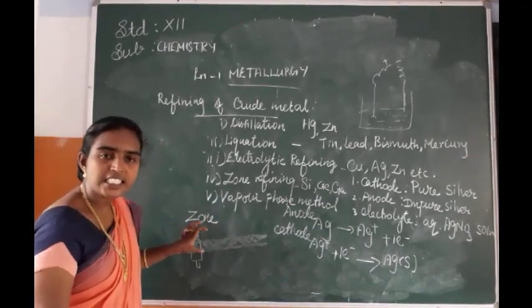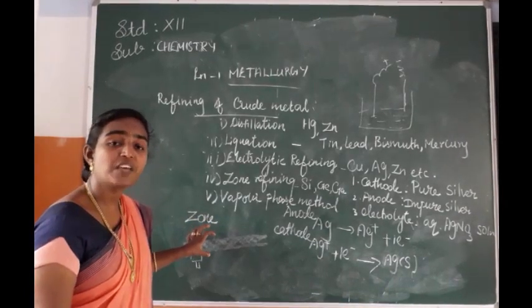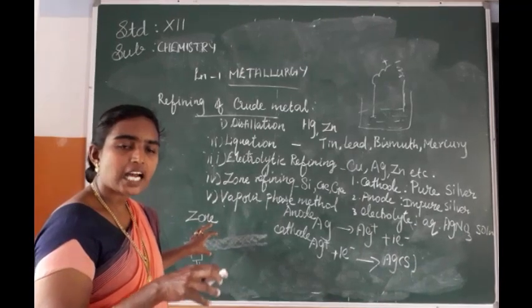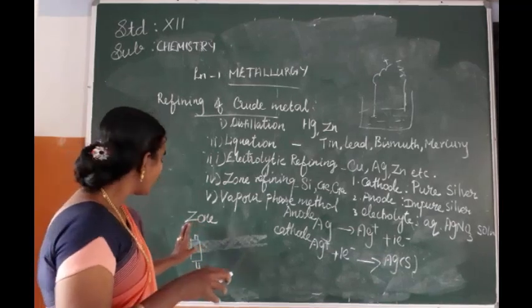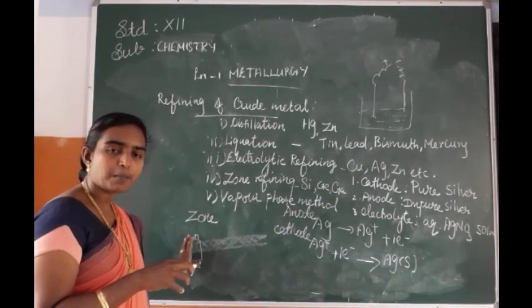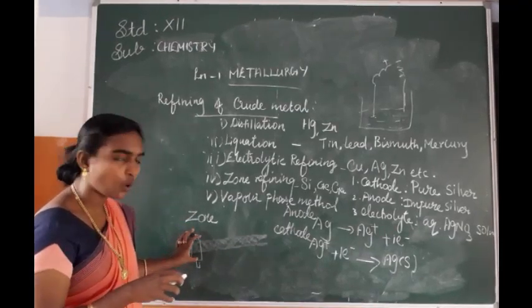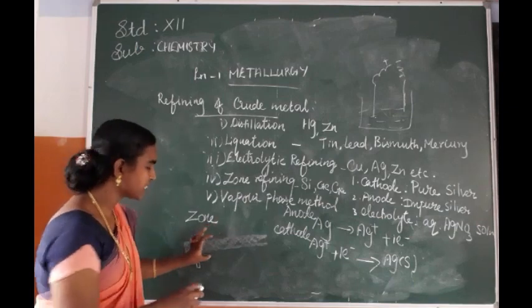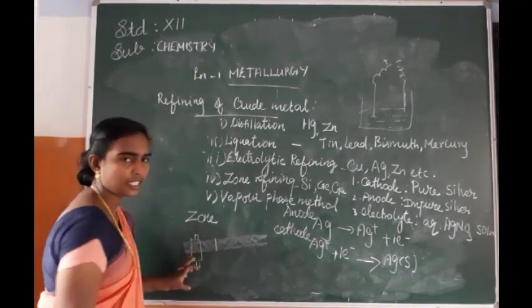Okay. So in this region, the metal will start to melt. When it starts to melt, we have to move this heater after melting that particular zone. We have to shift this induction heater to the next zone. It may be to this region.